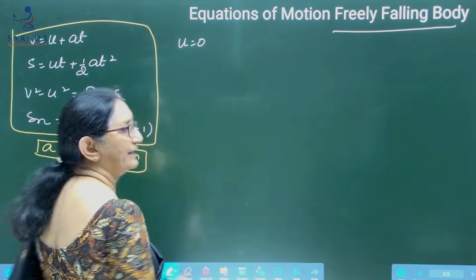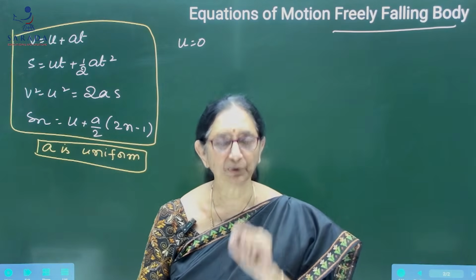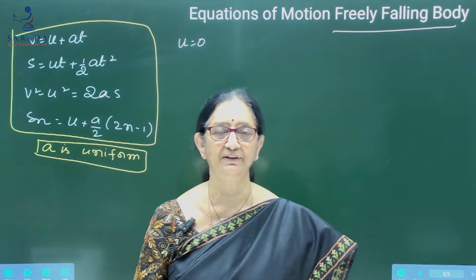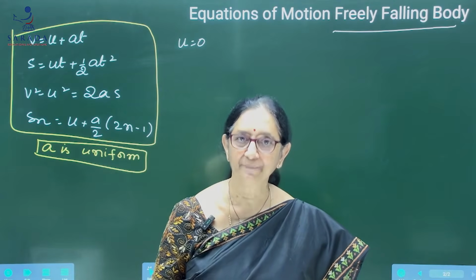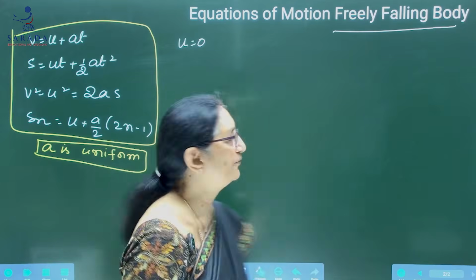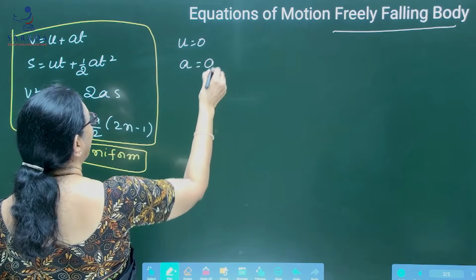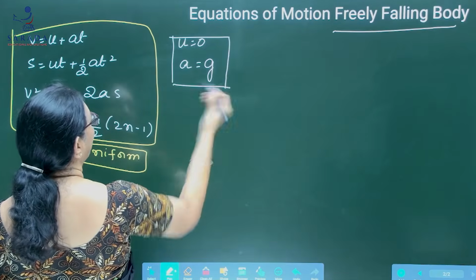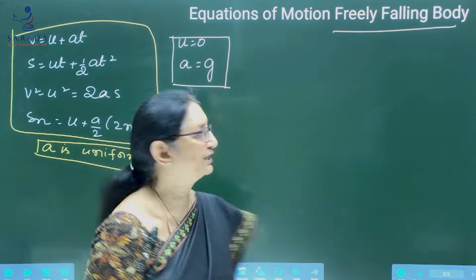So, acceleration of a freely falling body due to gravitational force is called acceleration due to gravity. a is equal to g. So, in case of a freely falling body, u is equal to 0, a is equal to g.